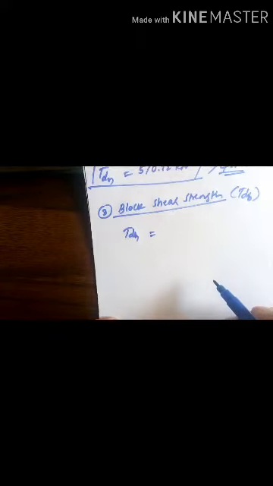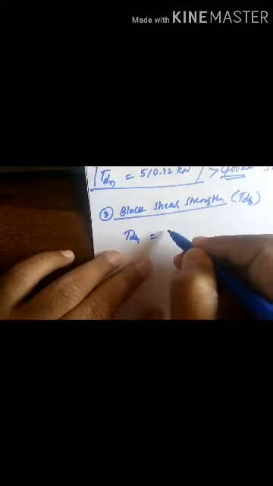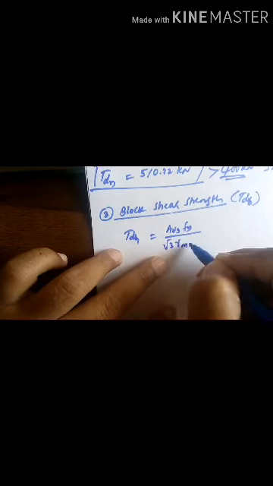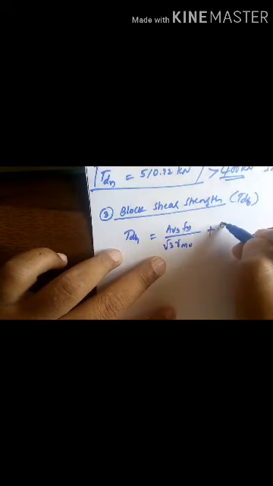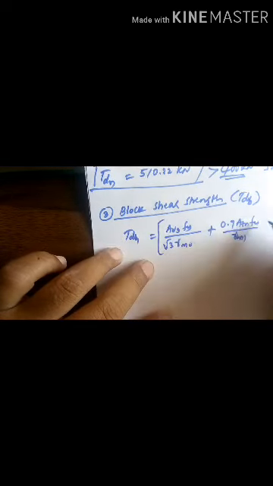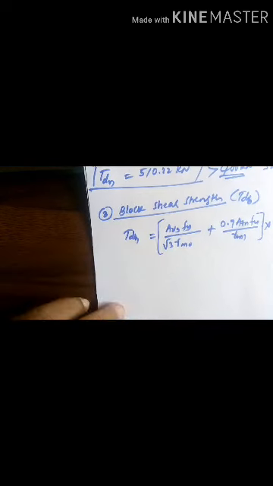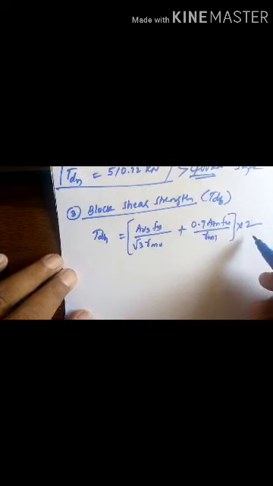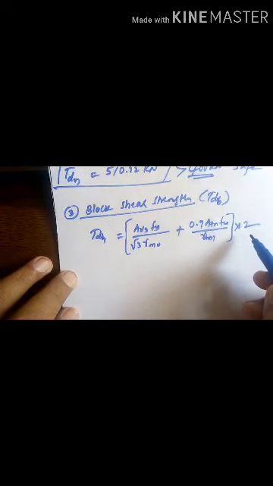Tdb1 is Avg Fy divided by root 3 gamma m0, one term, plus 0.9 Atn Fu divided by gamma m1. Again you have to multiply it by 2, because for a double angle you need to multiply by 2; for a single angle there is no need.